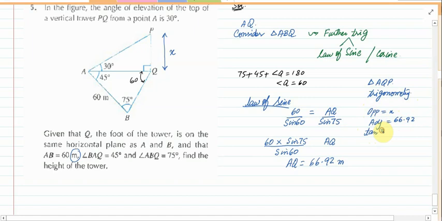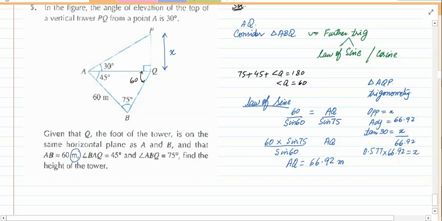So tan, angle is 30, opposite is x, and adjacent is 66.92. The value of tan 30 is 0.577 times 66.92 is equal to x.